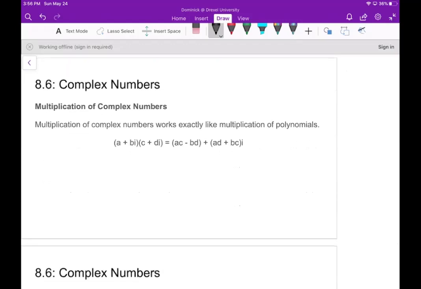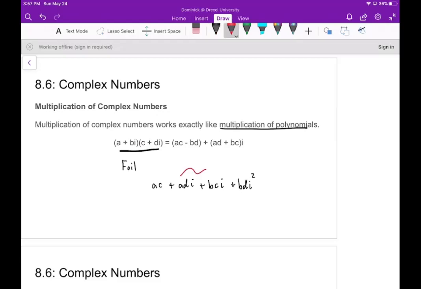Now, when we multiply complex numbers, we essentially are going to multiply two polynomials together, so you're going to be doing FOIL, right? And then you're going to end up with AC plus ADi plus BCi, and then you're going to get a plus BDi squared, right?